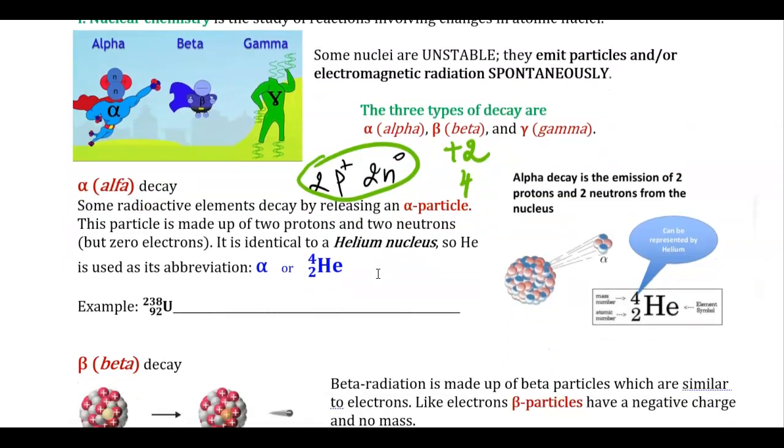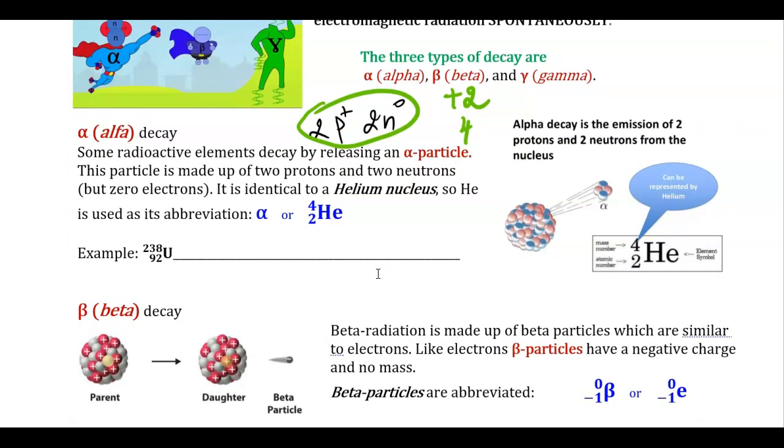So, for example, if we have a uranium atom with atomic number 92 and mass number 238, and it is known as an alpha emitter, we will write this equation like this.